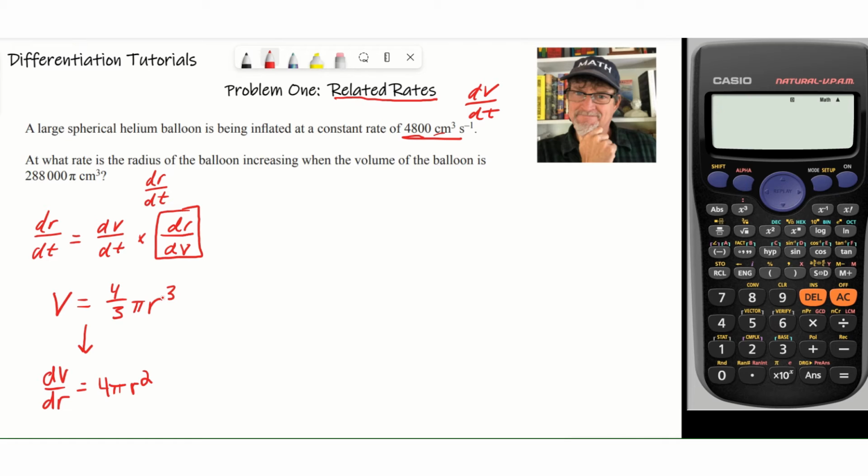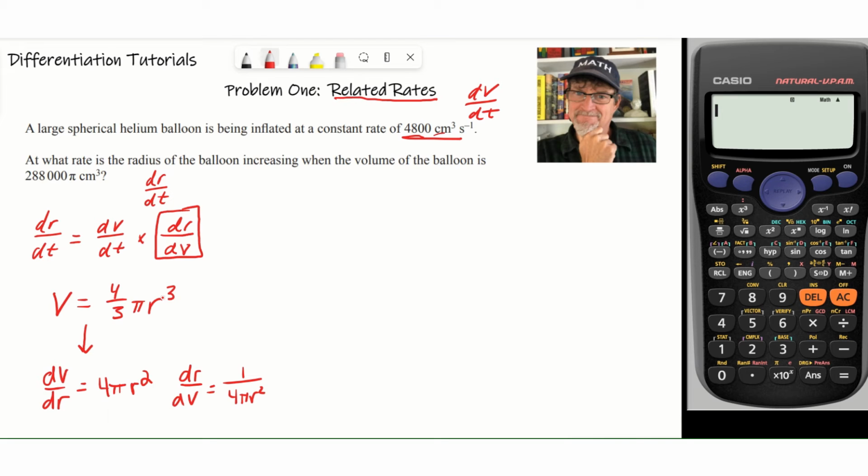So hopefully by now you've noticed, well, that's not what I wanted. I need dr/dV. And that's where this idea of looking at these as ratios comes in handy. So if dV/dr is 4 pi r squared, then I can say dr/dV is just the reciprocal of that, right? 1 over 4 pi r squared.